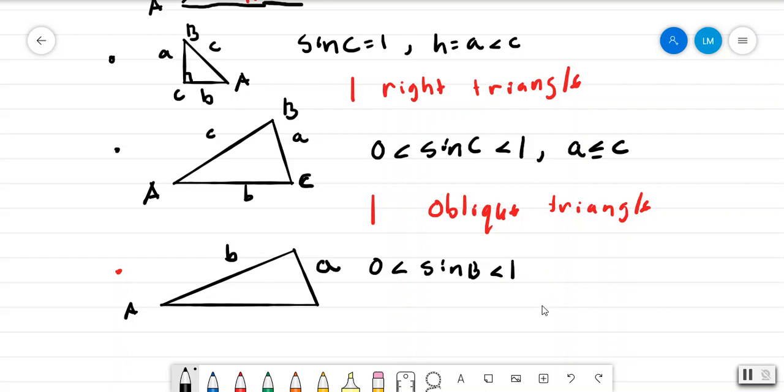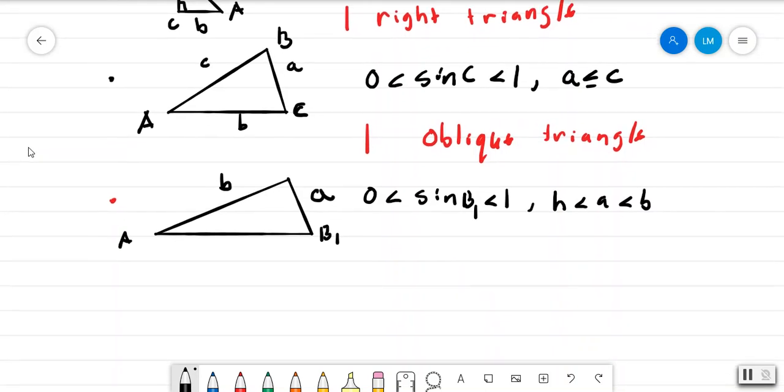And then the height, actually that should be sine of B sub 1, and we're going to put B sub 1 right there. So this is kind of the same as before: the height is less than A, but that's less than B.